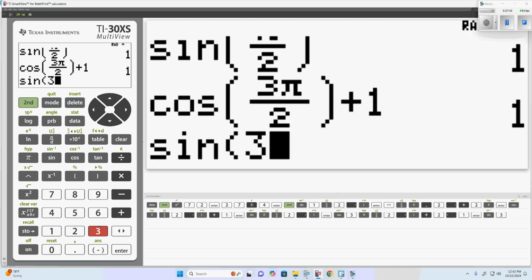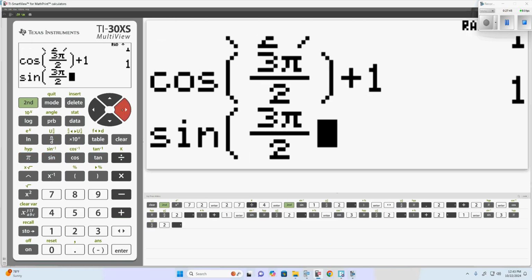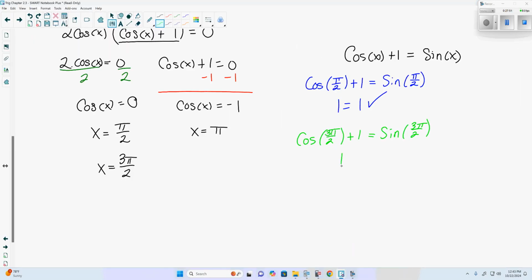Sine 3 pi over 2 is negative 1. So what we're saying for this here is that 1 is equal to negative 1. Is that a true statement? No. So that means our 3 pi over 2 is not a solution.